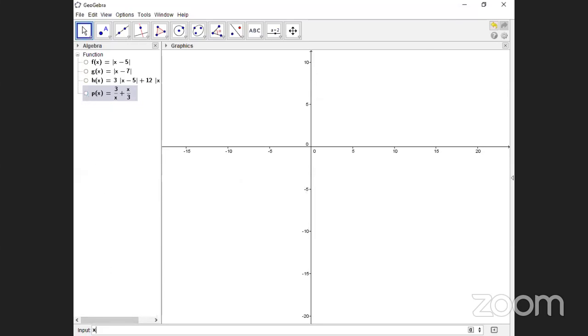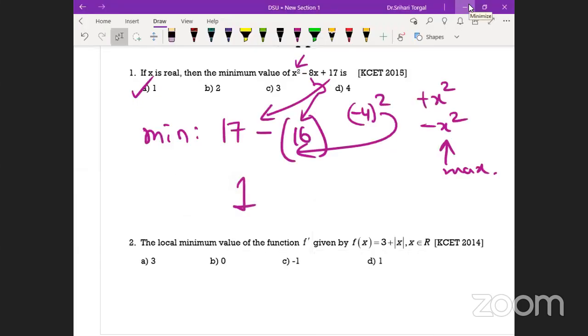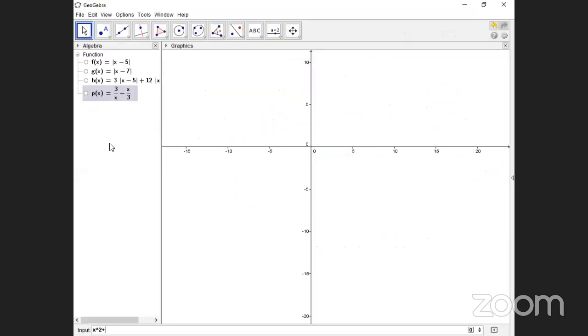What is the graph? x square minus 8x plus 17, right? Here, you can see the minimum value.